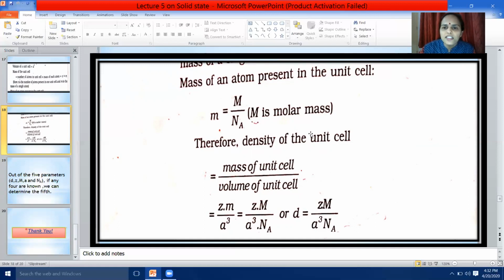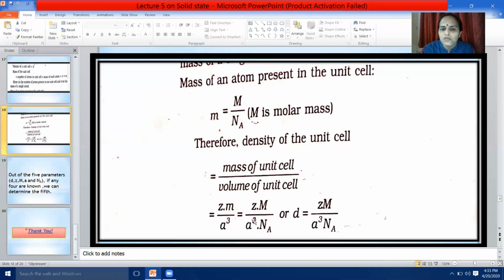Therefore, the density of the unit cell equals to mass of unit cell upon volume of unit cell. We know density is equal to mass by volume. So we put the mass of unit cell as small z into small m divided by a cube. We'll substitute the value of small m as capital M upon Na.